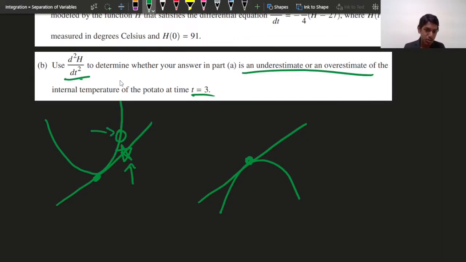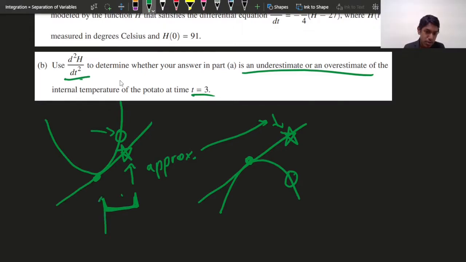So this open circle represents what the actual value of the function is, right? So this would be the approximation. I'll just write approx here. And then this open circle is what the function value actually is at that point. So whenever you're determining whether it's an overestimate or underestimate, the thing that you have to keep in mind is that the second derivative has to be the same sign throughout your entire interval.